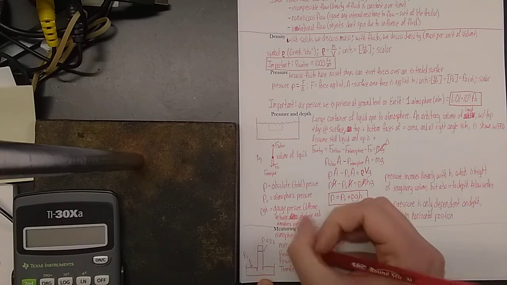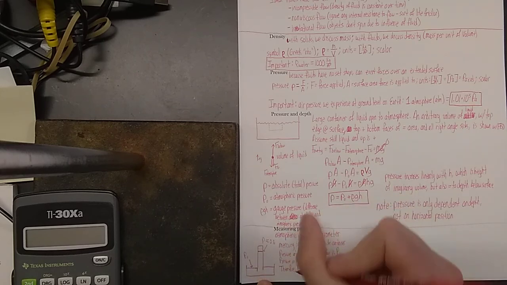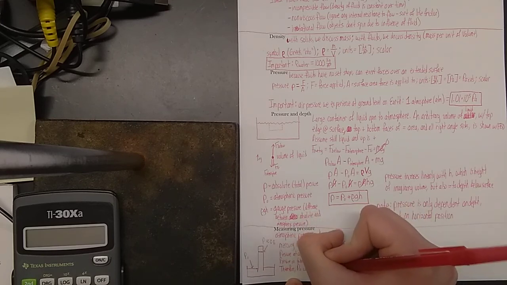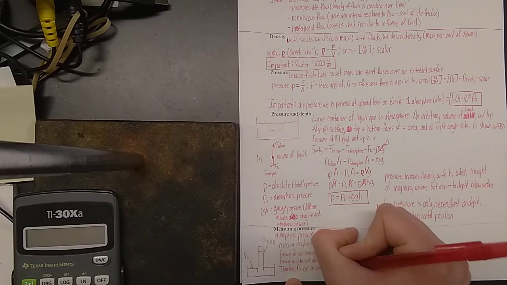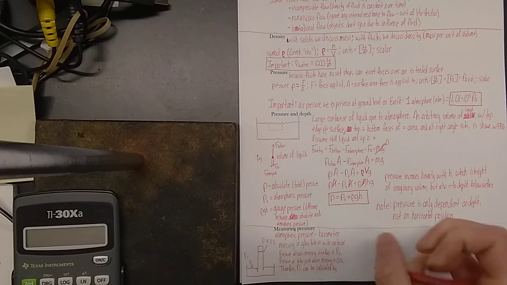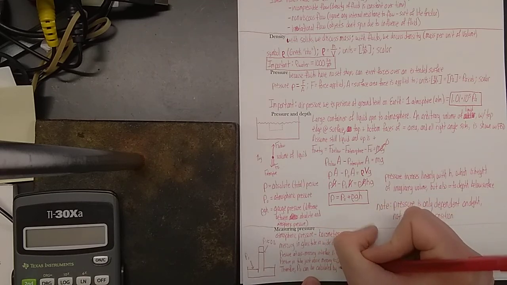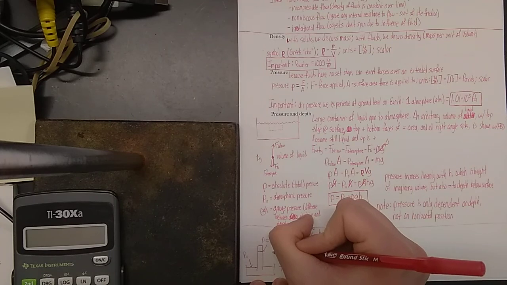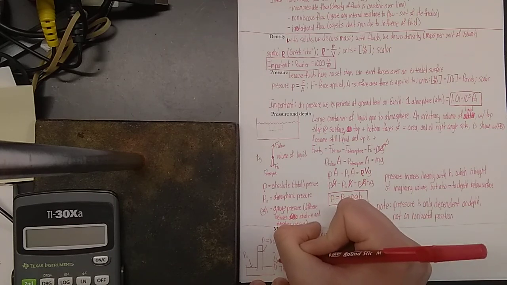If we have this set up, P naught, the atmospheric pressure, can be calculated by being equal to rho GH, where H is this right here.